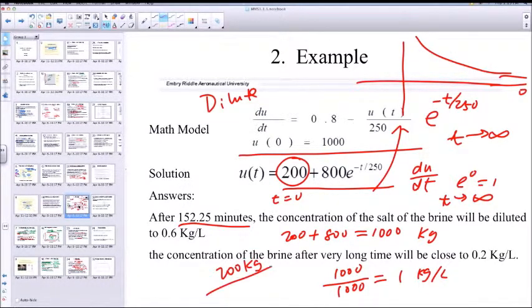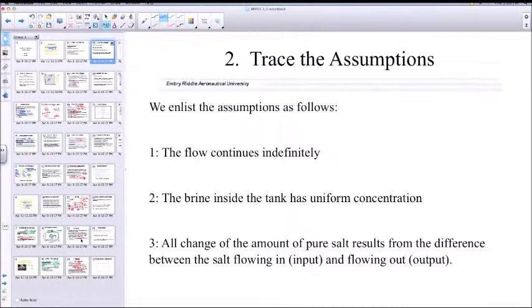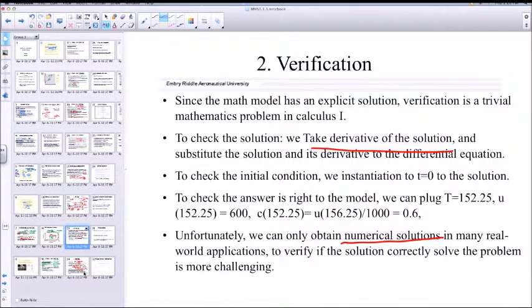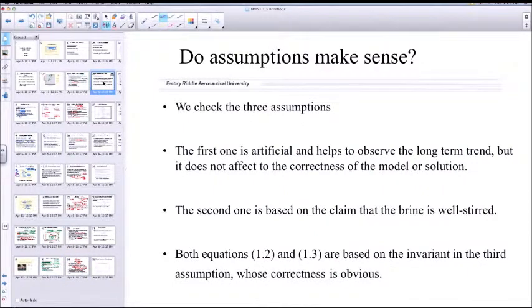And you divide by the total volume, which is 1,000. What you get is precisely 0.2 kilograms per liter. That's the concentration of the brine flowing in. That's exactly right. So those kinds of things, even though simple, give you the idea how we are going to justify our answer. And then you validate your model.